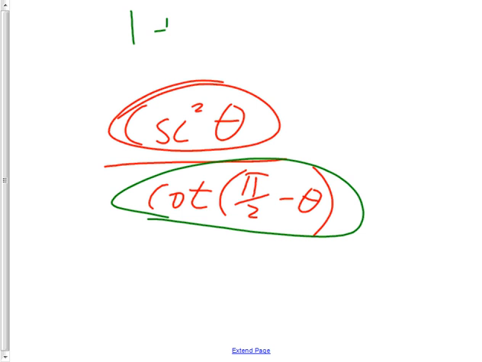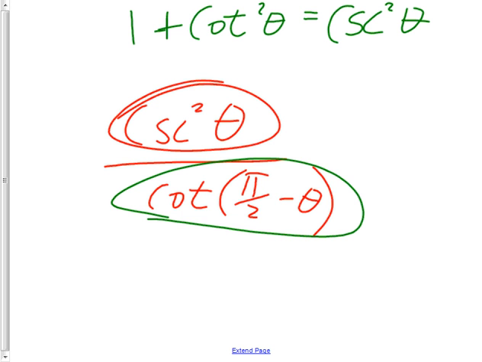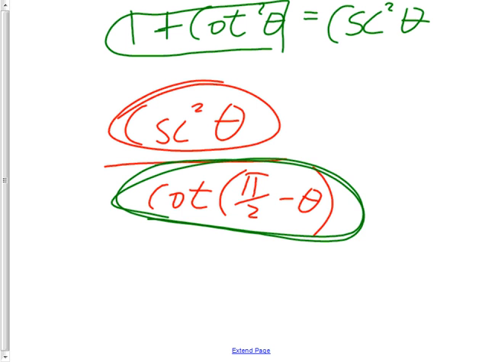Thank you. 1 plus tangent equals cosecant. So there it is. I can replace this with 1 plus cotangent. And now I have cotangent down here. That makes it interesting. But I can replace that cotangent with tangent of theta.